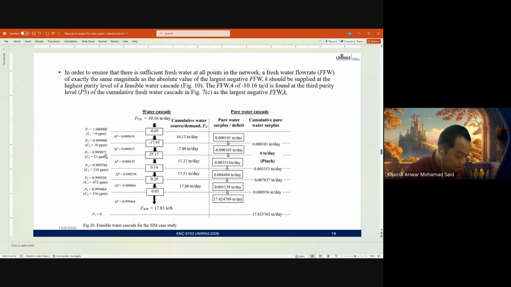Okay, we go for regeneration now. What does it mean? Actually, you can go back to the flowchart.